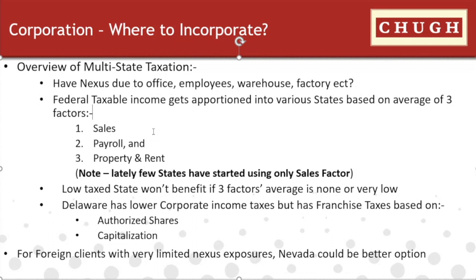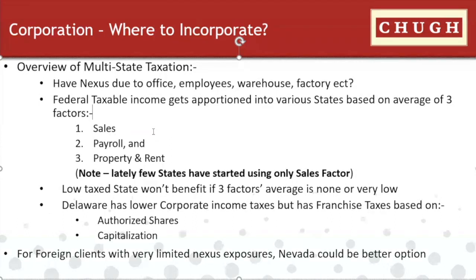If a business is doing business in more than one state, multi-state, how do you divide or allocate the profit between various states and pay the taxes? The way it works is you take the federal taxable income. Let's say there is a federal taxable income of $100,000.